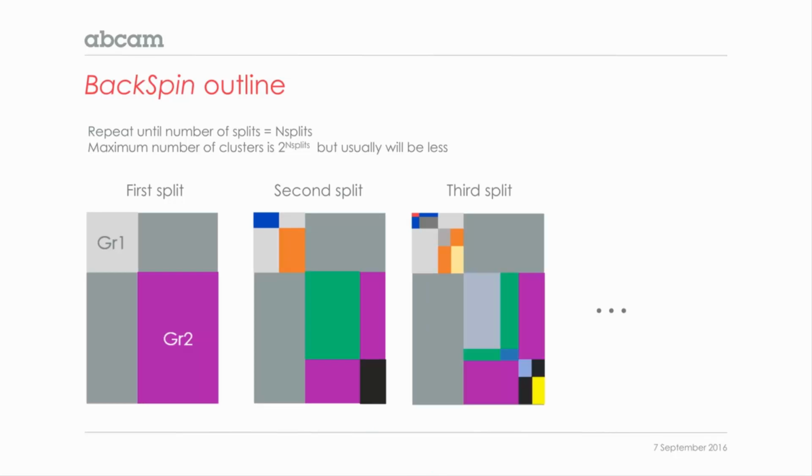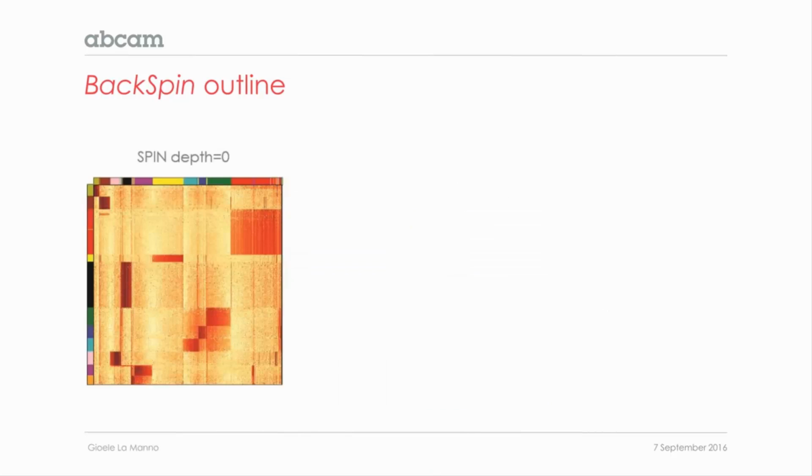And now I show one small example on a toy data. So this is a toy data that we generated by Joel Elamano in the lab. And it illustrates what happens if you just apply the spin algorithm.